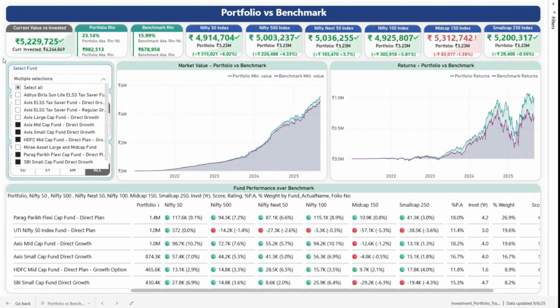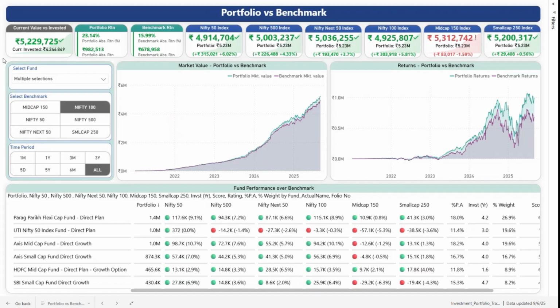So there is no need of mimicking those funds, because we cannot take any more decisions on those funds, right? So only for active investment funds I have made this comparison.